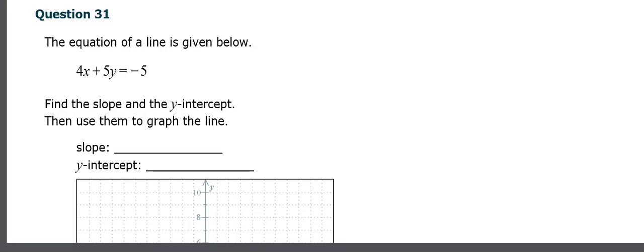For our next problem, we're asked to find the slope and the y-intercept, then use them to graph the line. So remember, we want to change this into slope-intercept form. So we need to solve for y. So we need to isolate, so we need to subtract 4x from both sides.